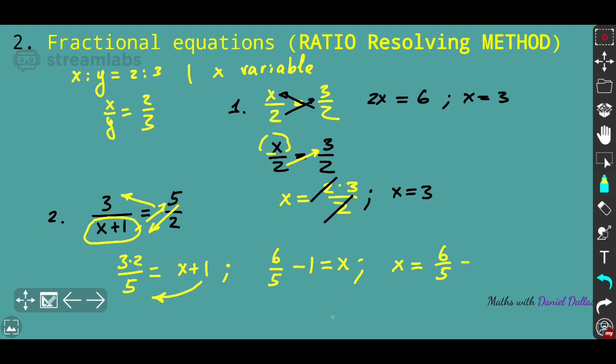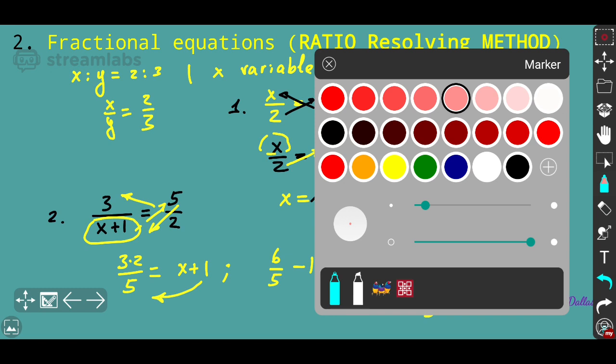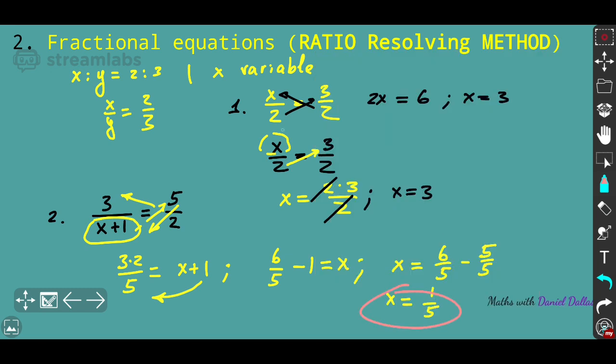Instead of 1, I'll use the fraction 5 over 5 in order to make the difference easier, okay? We have the same common denominators, so we take 6 and 5 as a difference, and finally we are left with 6 minus 5, which is 1 over 5. Okay, so that's the final answer for our equation.